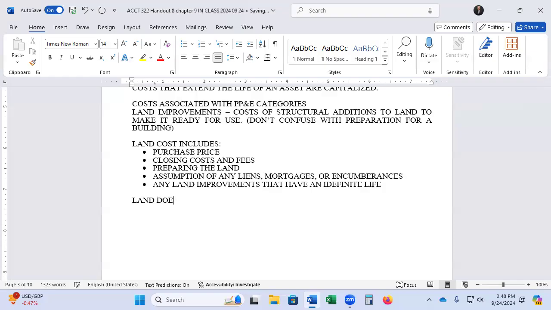Land does not depreciate, but can be written down if the value is impaired.